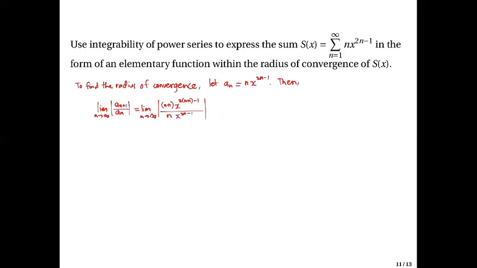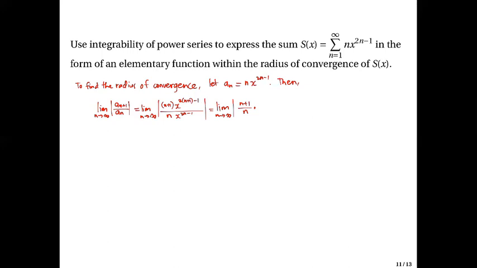So we have the limit of the absolute value of n plus 1 over n, and if you expand this, it becomes x raised to 2n plus 2 minus 1.